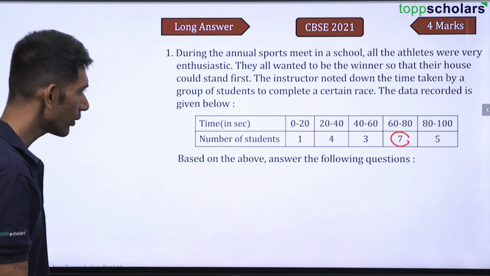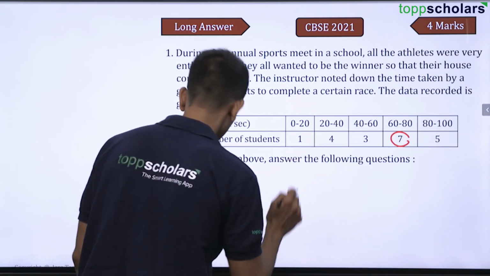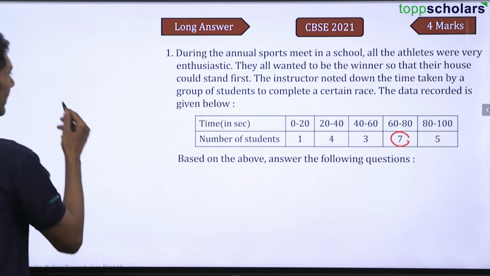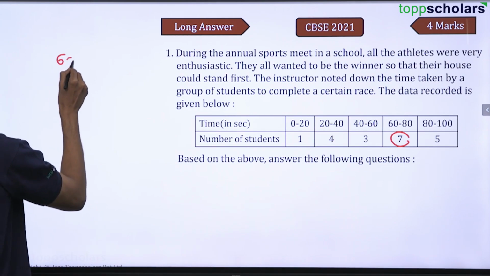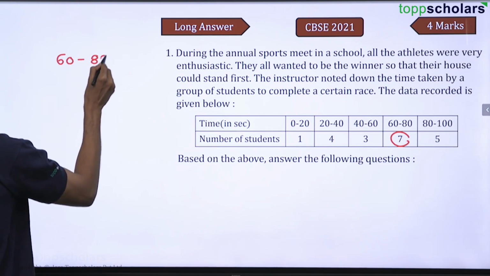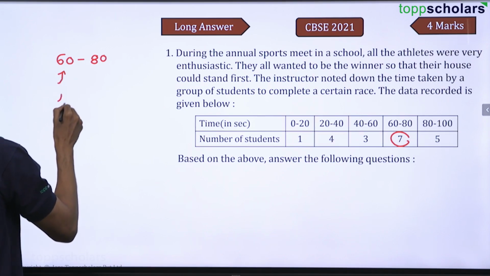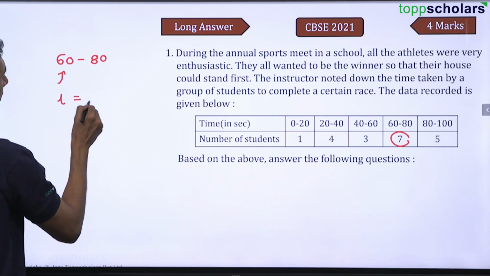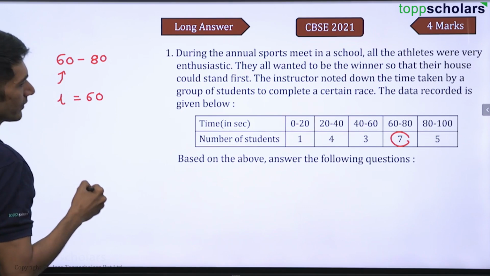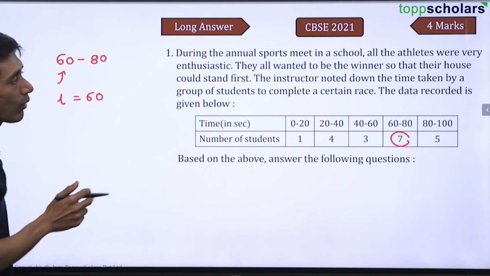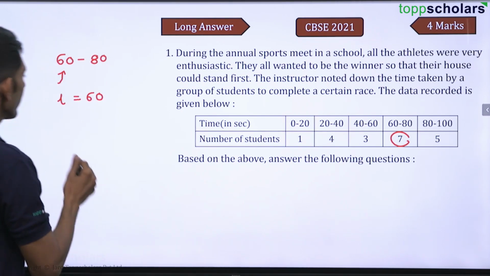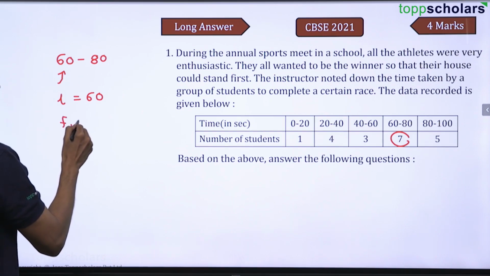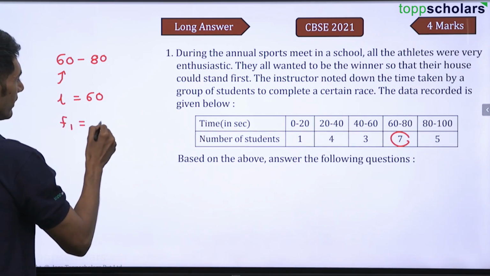To find out the mode, firstly we need all the values. So modal class is 60 to 80. So can I say this is my L? L is equal to 60. Then what do I have? I have frequency F1, that is 7.